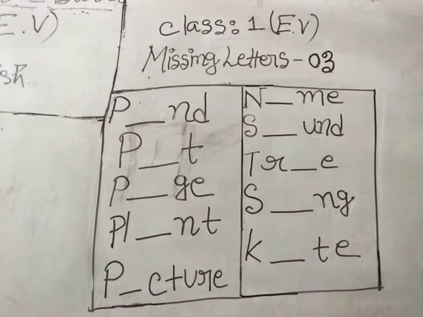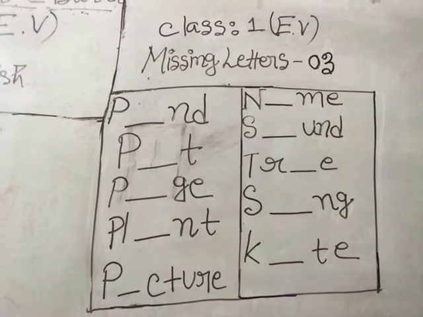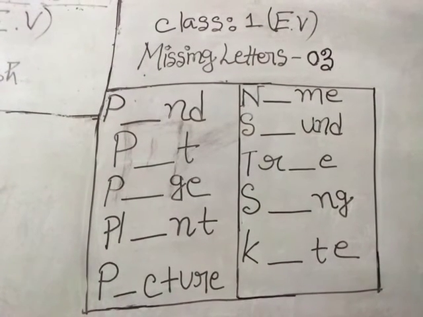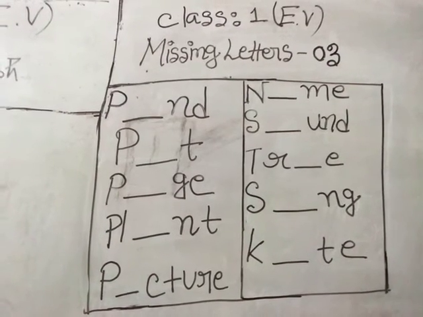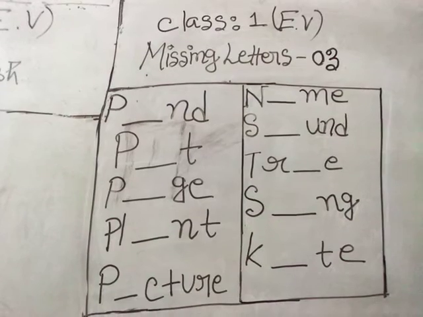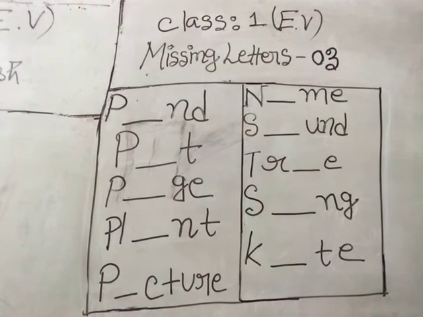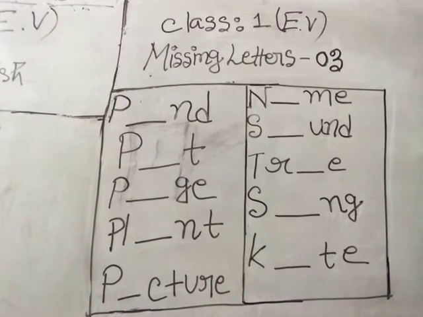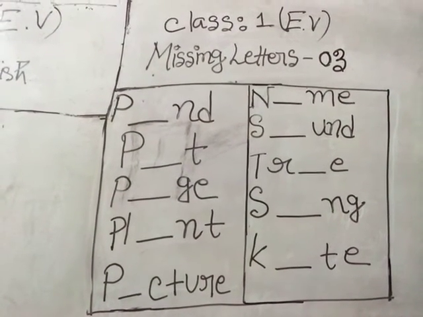Today, we are going to solve the missing letters part 3. As the earlier two parts were in the earlier classes, so now it's the last part of missing letters. As we all know, what is a missing letter? Missing letters are basically those letters in a word that are being missed, and we have to fill them in.